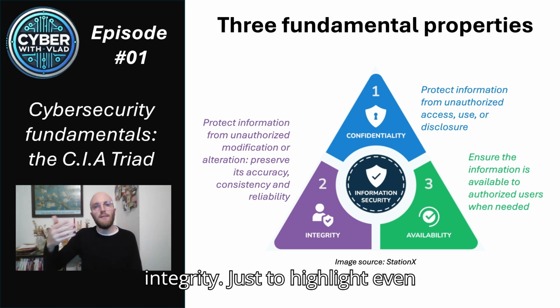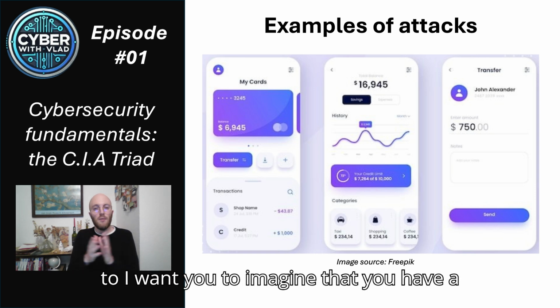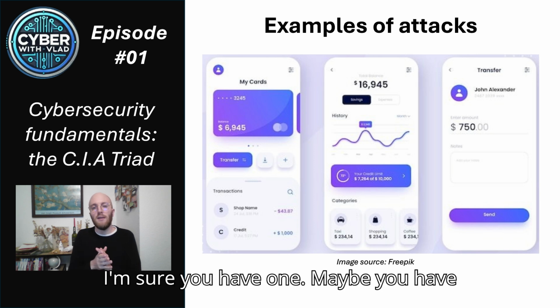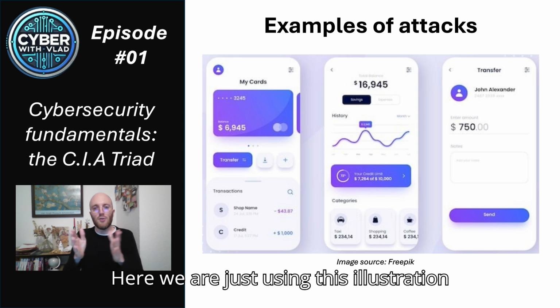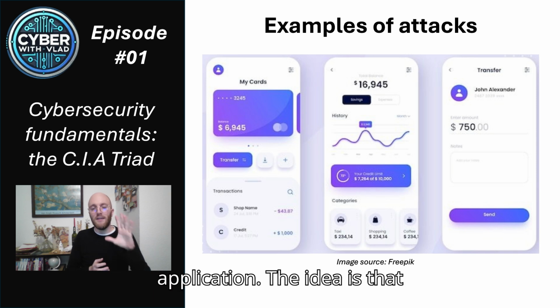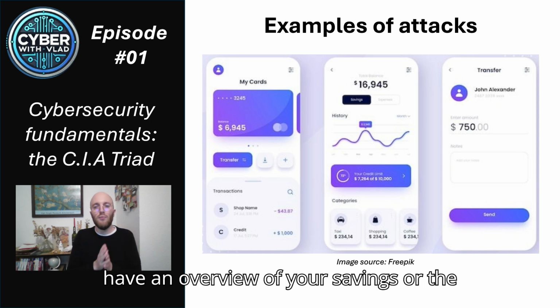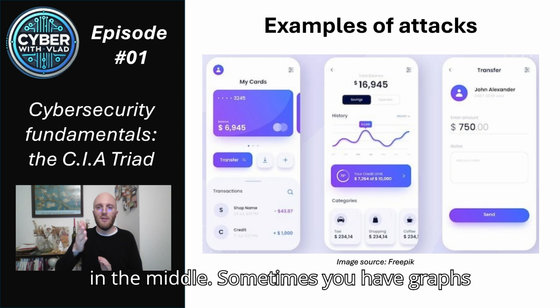Just to highlight this even further, imagine that you have a banking application on your mobile phone. I'm sure you have one, maybe even several different providers. Here we are just using an illustration of a random banking application. Today on those applications, you have an overview of your savings or the available balance on your account, in the middle.